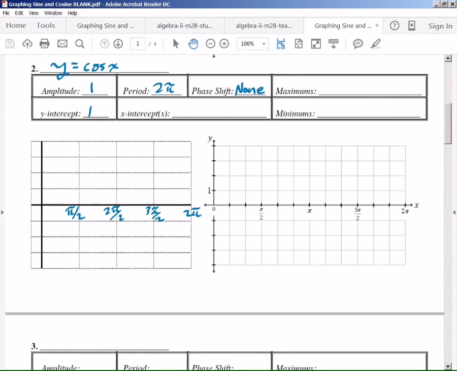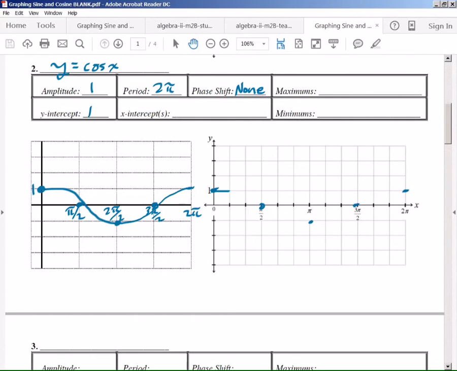Now, if you remember our cosine functions, we know that it starts at 1. And then it goes to the center line, then down to -1. That's our minimum. Then back to the center line, then +1. Our cosine function looks like this. When we translate that over to the other graph, it's not very difficult because there's not much change or anything special going on here.